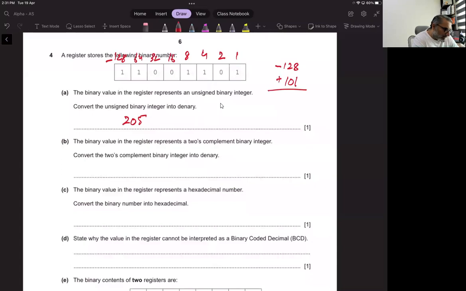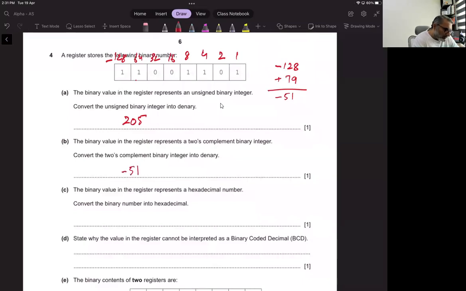So this will be 64, all right, 32 isn't there, sorry. 64 plus 8, 72 plus 4, 76 plus 1, 77. This is minus 51.